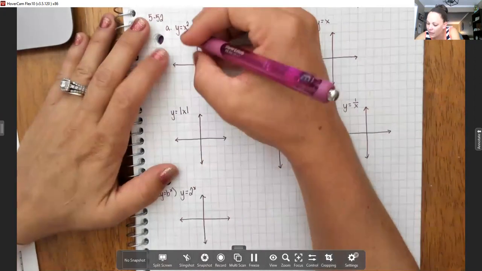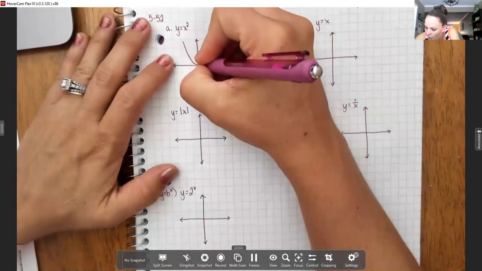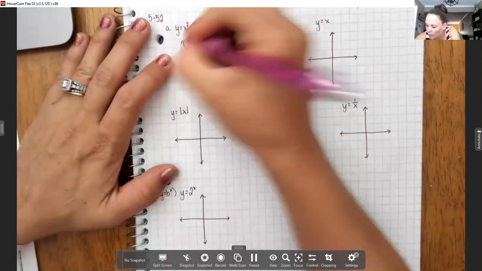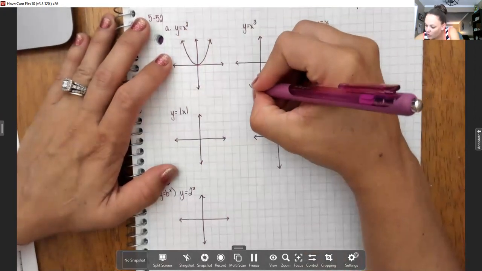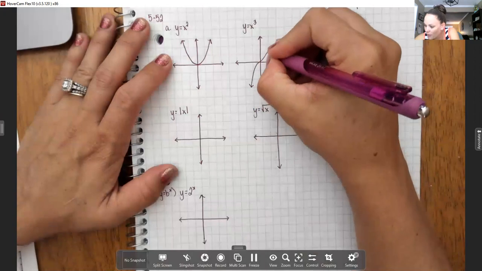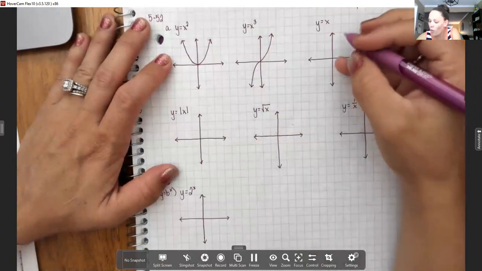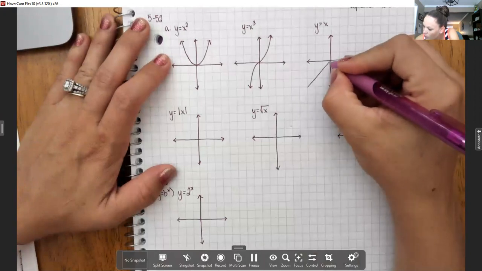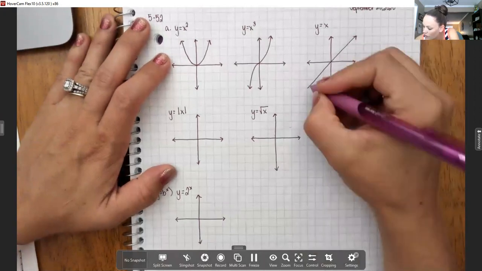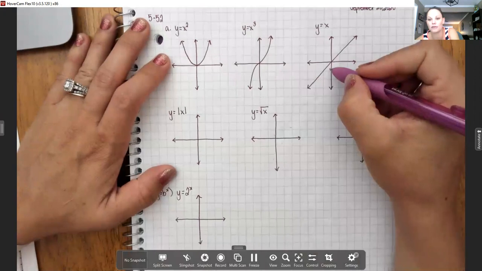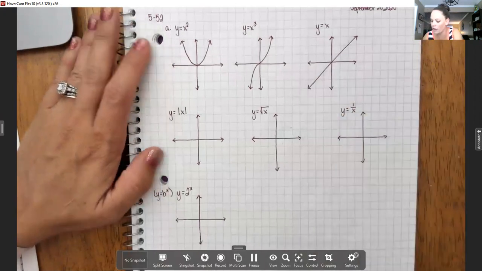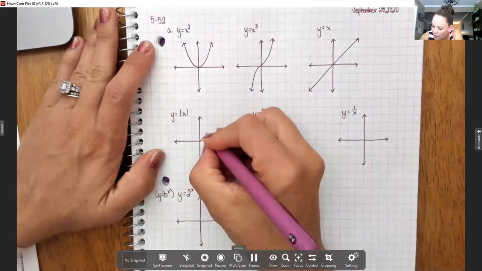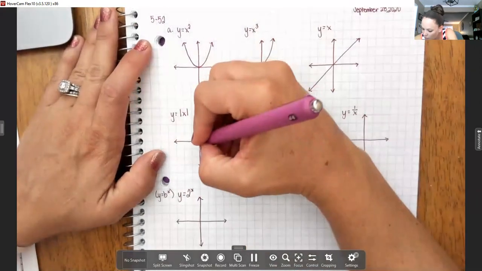So we know y equals x squared is just a parabola. Y equals x cubed or cubic goes like that. Y equals x, we should know, is just that diagonal line, y-intercept of 0, slope of 1. Absolute value of x, we know, is that v.